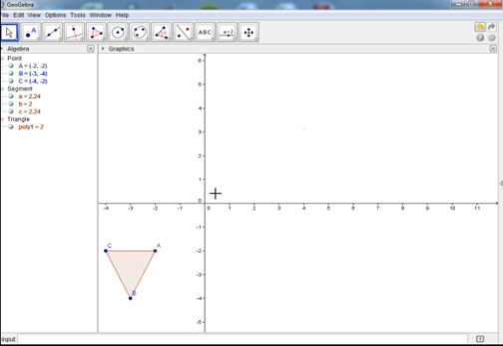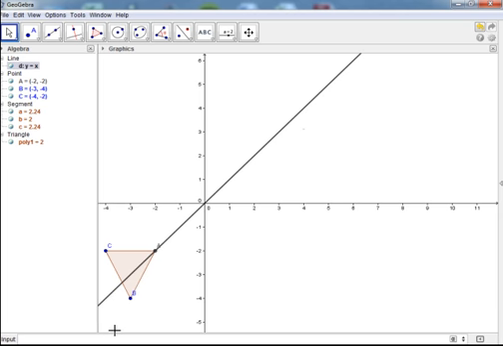But again, keep in mind, you do not have to reflect across the x-axis or across the y-axis. You could, for example, plug in a value here of y equals x. So we've got this line y equals x, and we could reflect across this line y equals x as well.